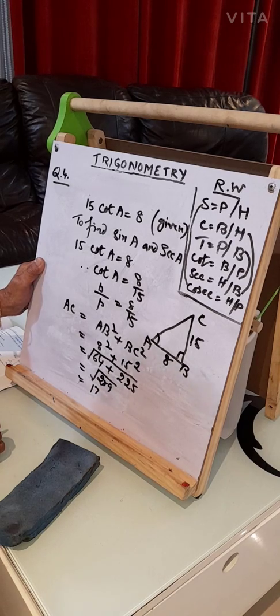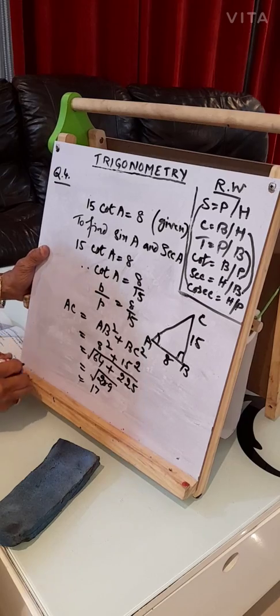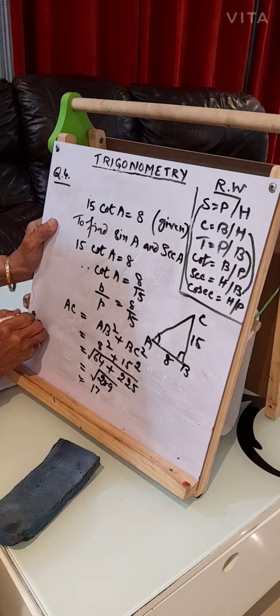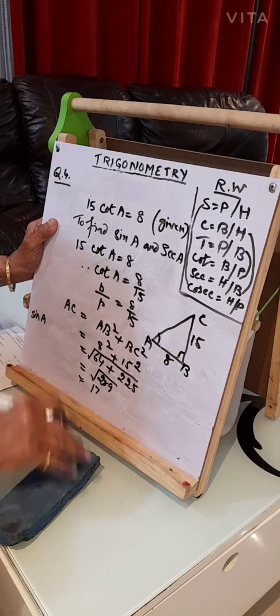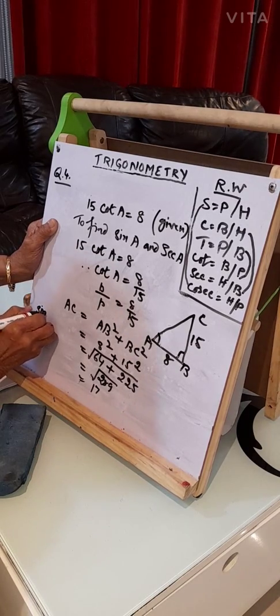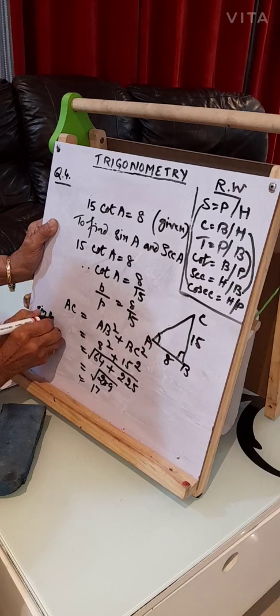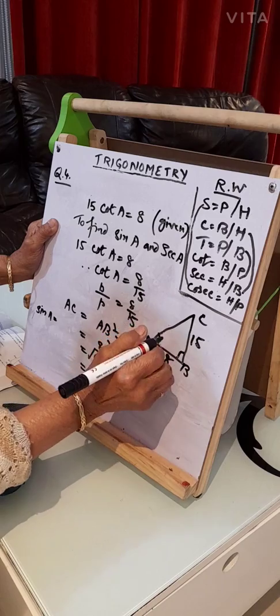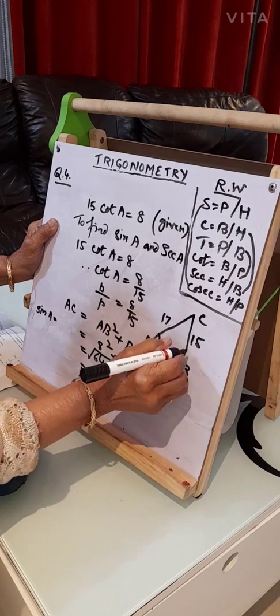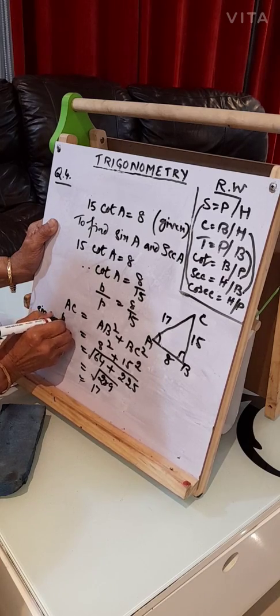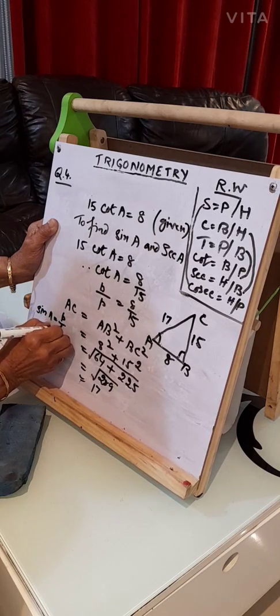So I'll find sin A. Sin A is equal to perpendicular over hypotenuse.